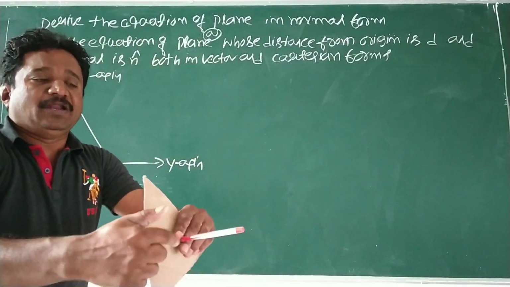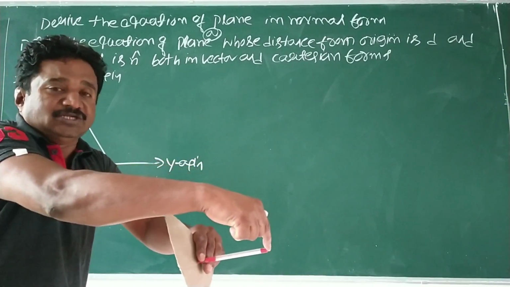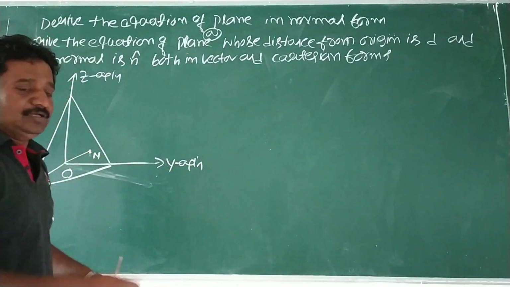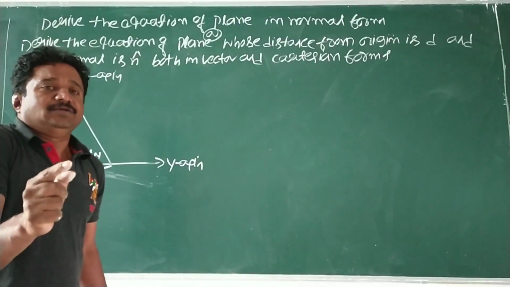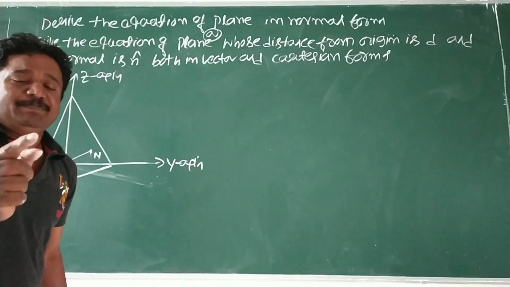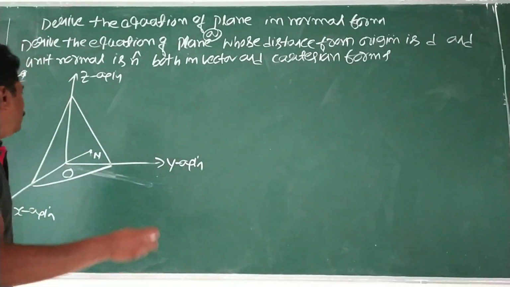I have drawn the perpendicular from the origin to the plane. It is ON. To find the equation of any plane, a general point P(x, y, z) is always required. I am going to draw that.